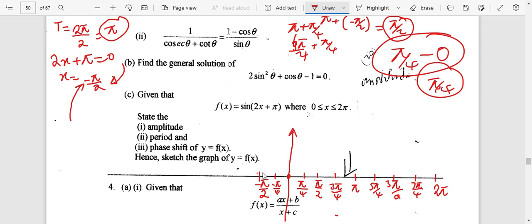Now remember, if you go from negative pi over 2 to positive pi over 2, you're supposed to move a complete revolution. So meaning that you are first going up to 1, you come like this, and then you come to the minimum like that, and then you come here.